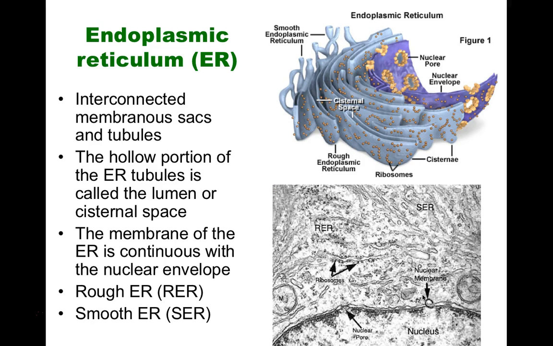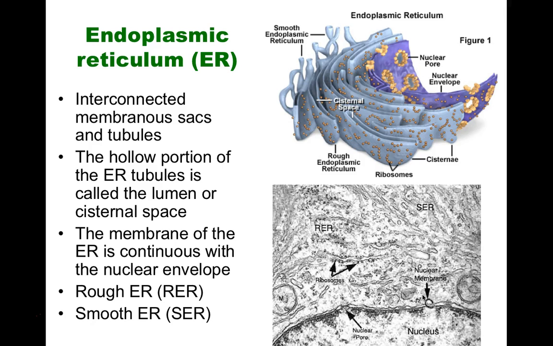For the endoplasmic reticulum, we have the rough and the smooth. Here we have an example in the bottom image. It's a transmission electron micrograph of RER. On the right is smooth ER, and on the left is RER.